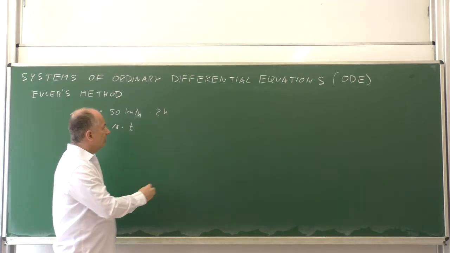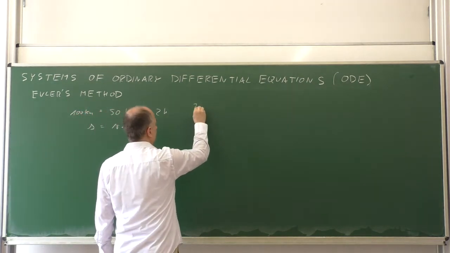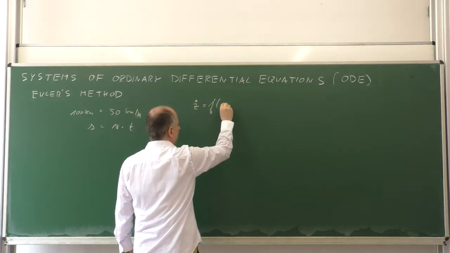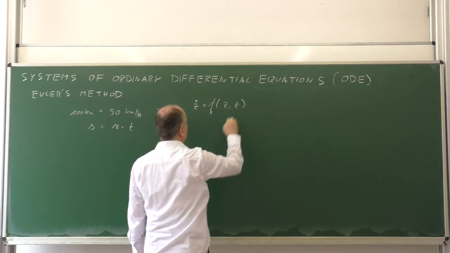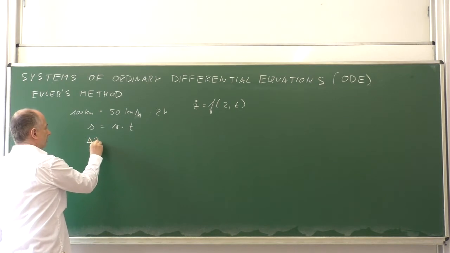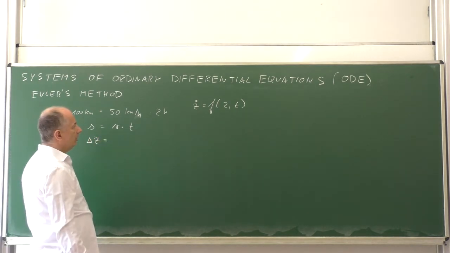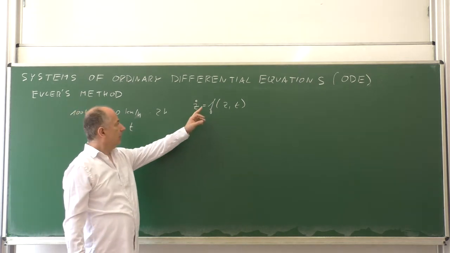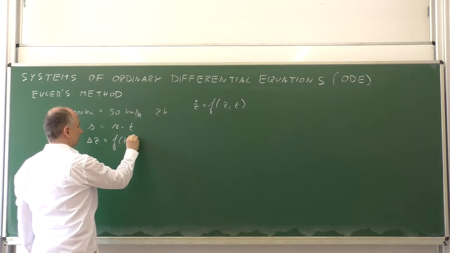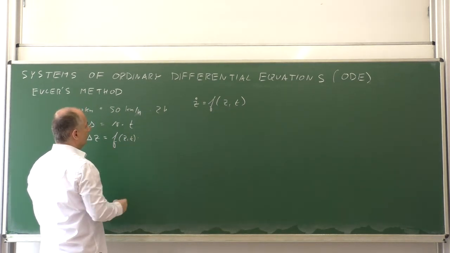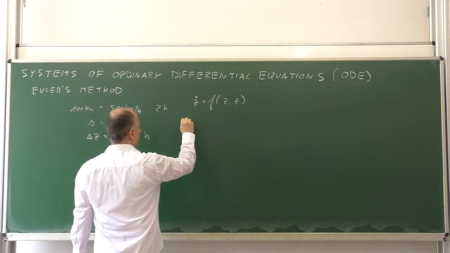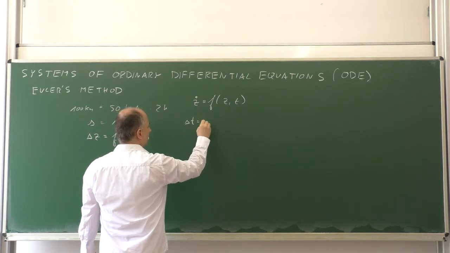And when we have the differential equation, where the derivative is some function of z and time, then the change of position, delta z, can be written as the derivative, which is the right-hand side, times the step size, say h, if we denote the step size h.